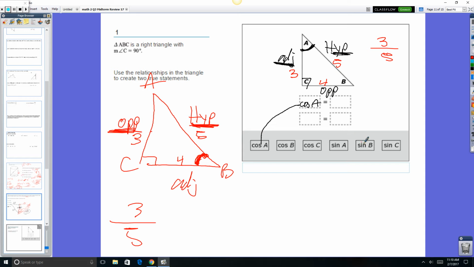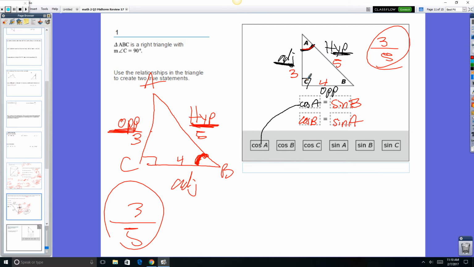That is the sine from B. So the cosine of A is going to give you the exact same fraction as the sine from B. And we could say the cosine from B is going to give you the exact same as the sine from A. So those are the relationships that are true.